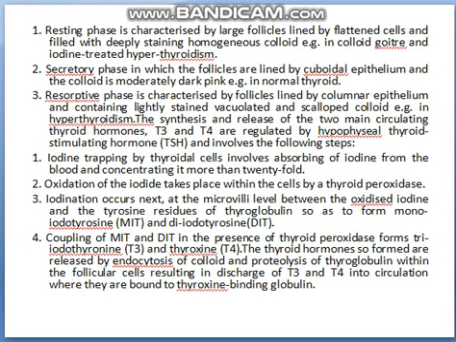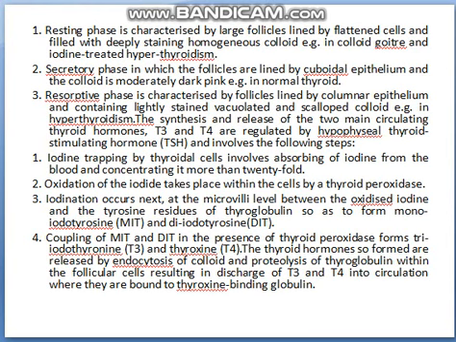Third, iodination occurs at the microvilli level between the oxidized iodine and the tyrosine residues of thyroglobulin. This thyroglobulin is the one which holds the thyroid hormones, and this forms MIT, that is monoiodotyrosine, and diiodotyrosine, that is DIT. Now there is coupling of MIT and DIT, which forms T3 and T4.